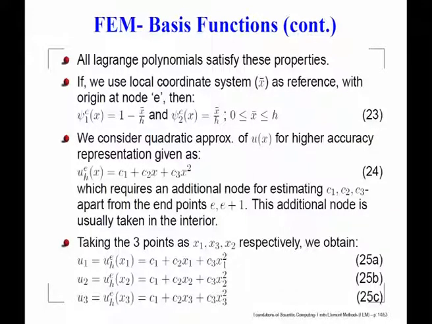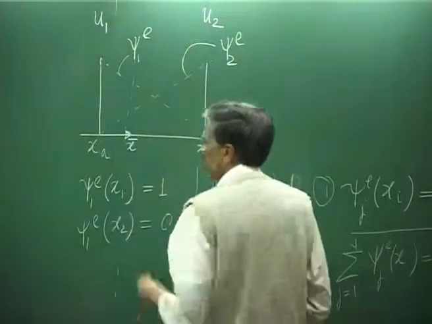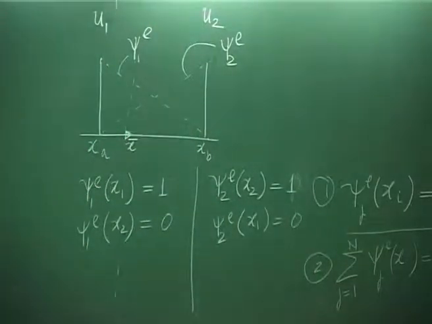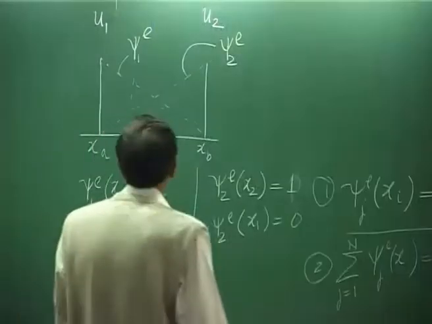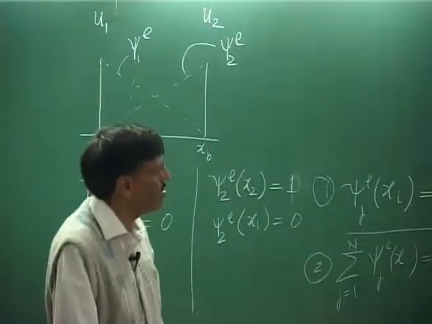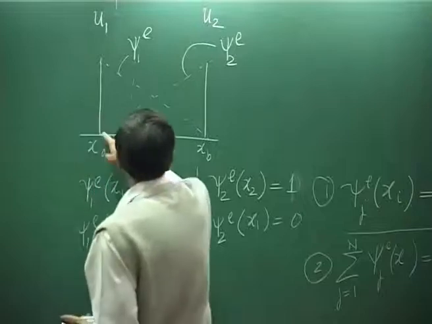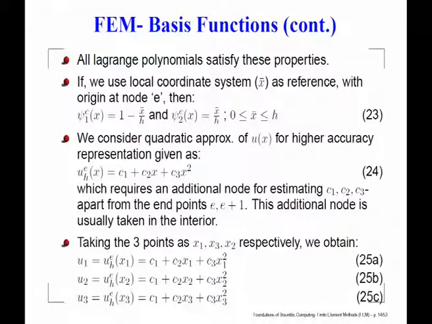For example, here I could simply start an origin and define a coordinate system, which I will call x bar. If x bar is fixed with the origin at the node e, then it is easy: psi 1 in this local representation would be 1 minus x bar by h. It starts off with 1 and decays with a slope of minus 1 over h, and psi 2 starts off from 0 and reaches the value of 1 at x bar equal to h. That is what your equation 23 represents.